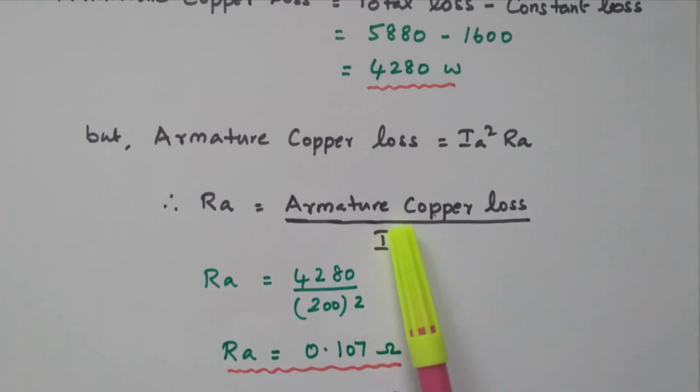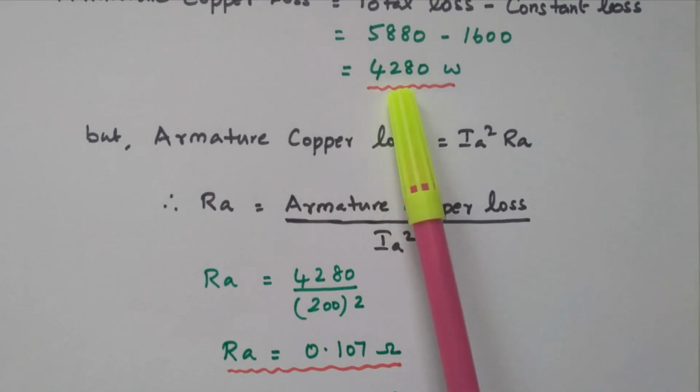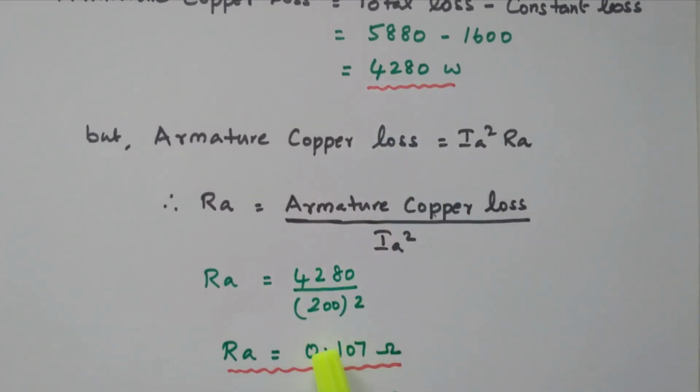The armature copper loss is available, 4280, divided by the armature current 200 squared. So Ra equals 0.107 ohm. The armature resistance is 0.107 ohm. That is calculated from the formula Ia square into Ra.